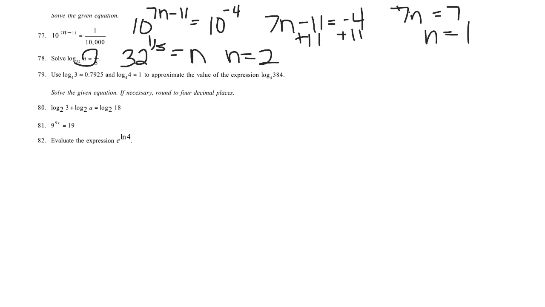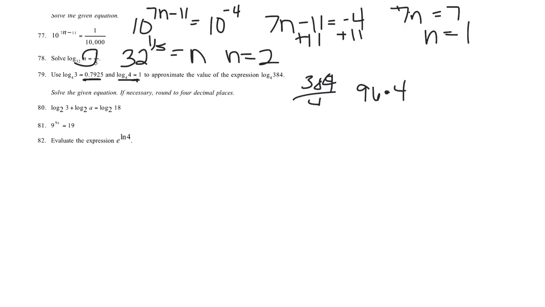Use the log base 4 of 3 is about this, and the log base 4 of 4 is 1 to approximate this. There's this crazy problem on the test, and let's divide this by 4. 384 divided by 4 is 96. So 96 times 4.